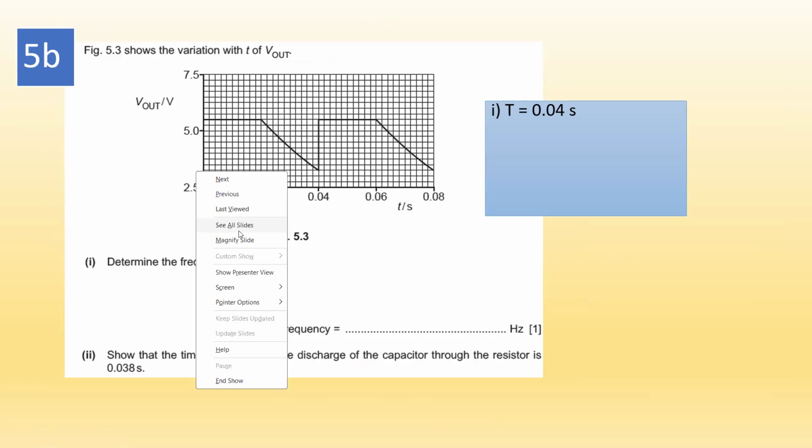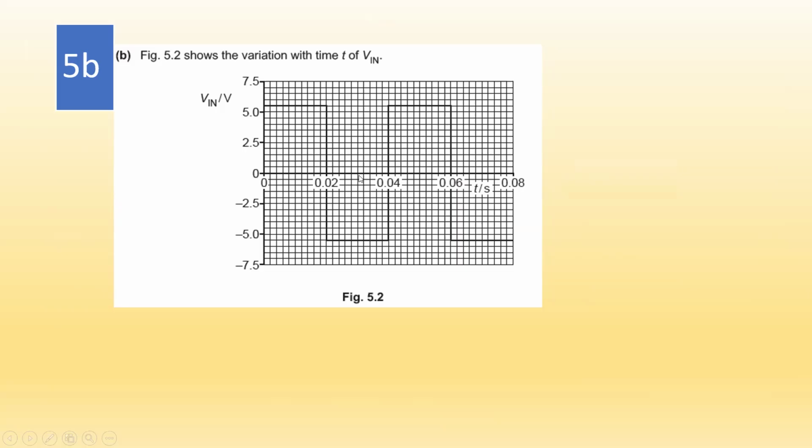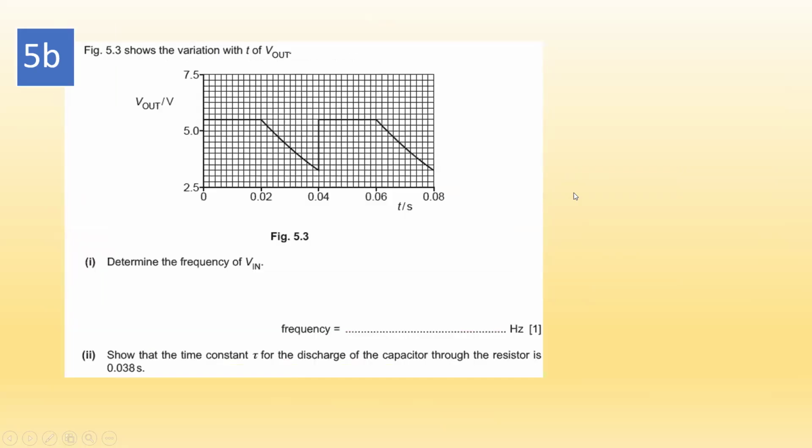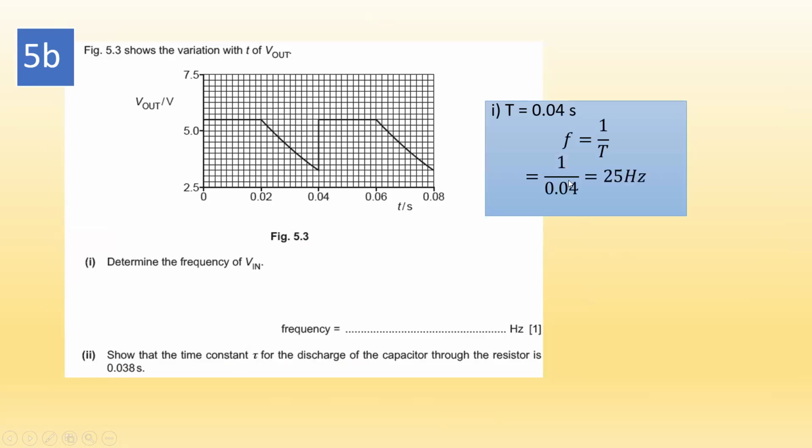The period is 0.04. Then use the formula. Frequency is one over period. 25 hertz. Show that the time constant for the discharge of the capacitor through the resistor is 0.38. How to do that?